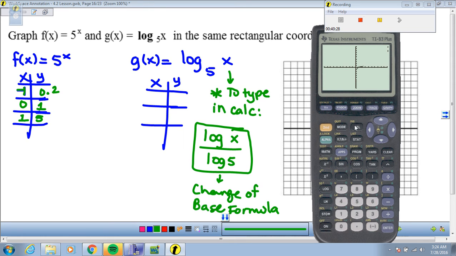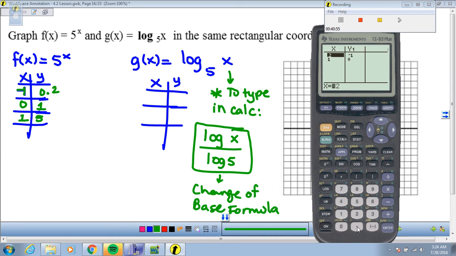What I did right now is, if I go to my table, I changed it so I can enter numbers for x and the calculator gives me the answer. Where do I go? I've been telling you several times: second window, I went to the independent variable and set it to Ask. I press enter on it. So when you go to the table, now you can type numbers.